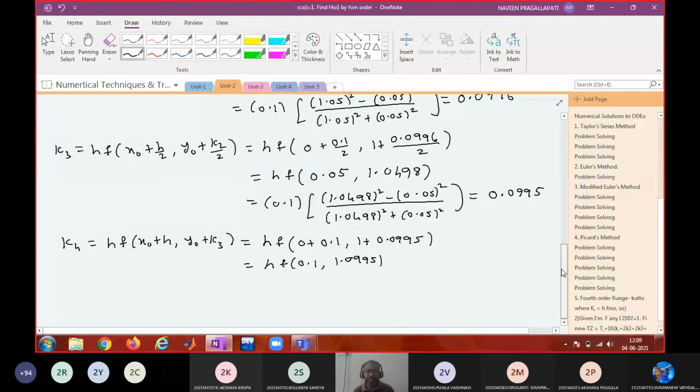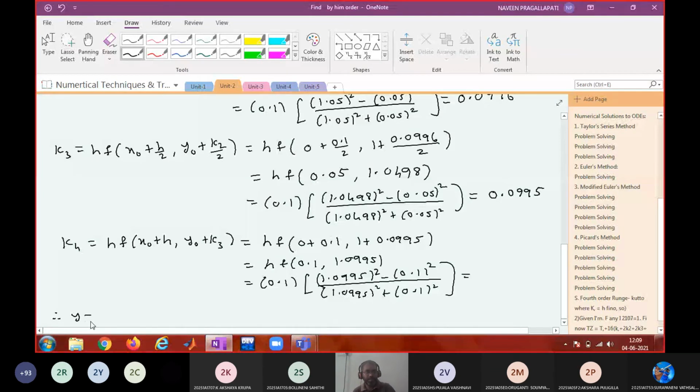So this is 0.1 into 1.0995 whole square minus 0.1 whole square divided by 1.0995 whole square plus 0.1 whole square. 0.0895. 0.0895. 0.0894, sir.